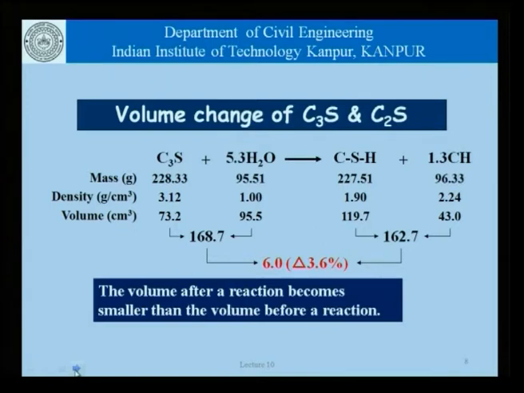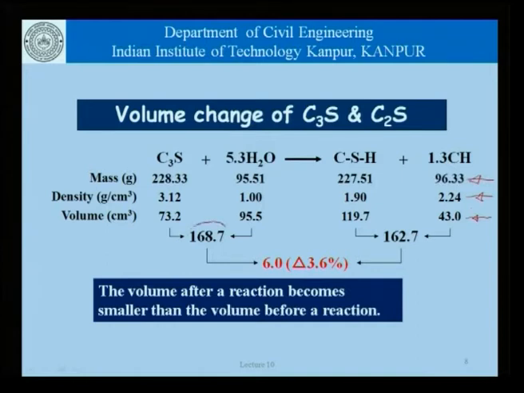So, if we look at the mass, these numbers here tell us what is the mass balance involved. From the density considerations of these individual constituents, we get the volume changes that are involved when C3S hydrates.